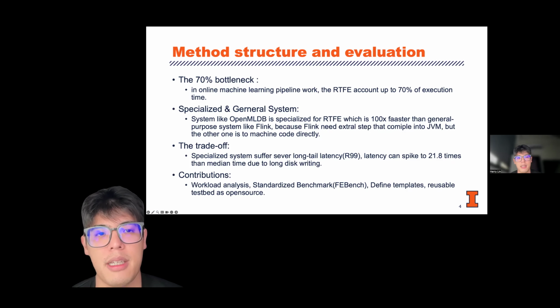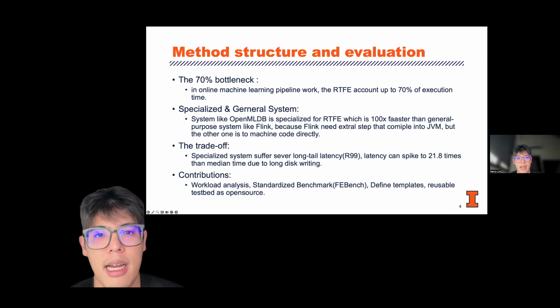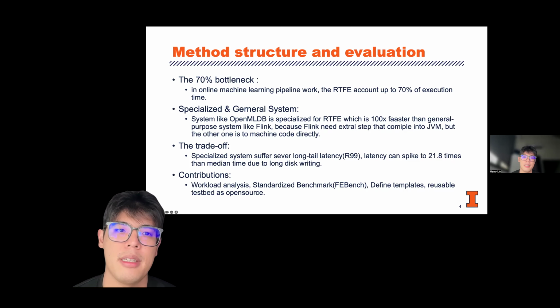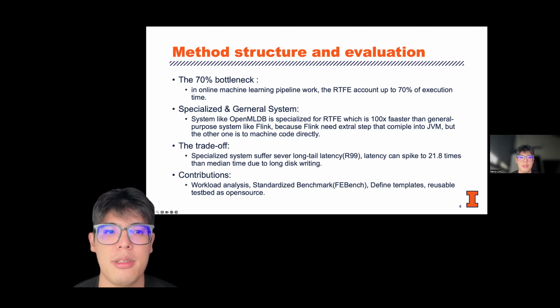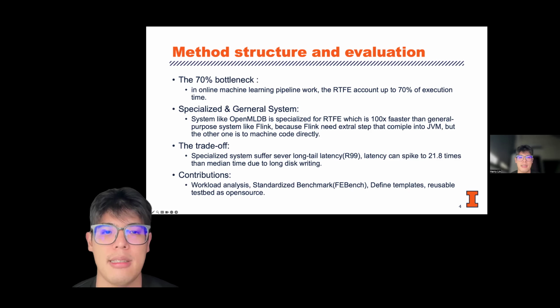Some of the key findings here are that 70% of the bottleneck in online machine learning pipelines is that RTFE accounts for up to 70% of the execution time. They also split systems into specialized and general systems, like OpenMLDB and Flink. In conclusion, the paper found that the specialized system is 100 times faster than the general system.